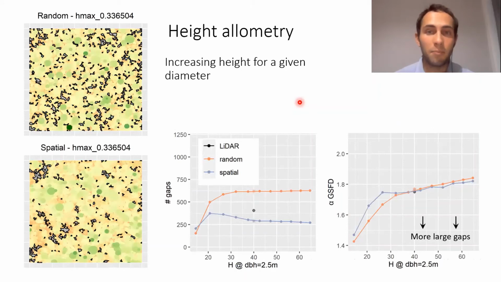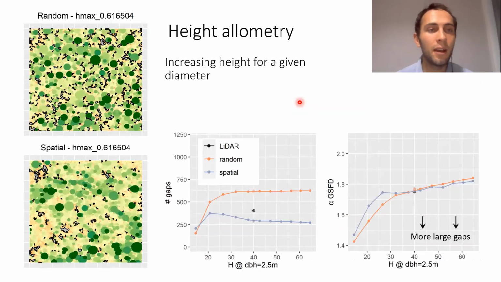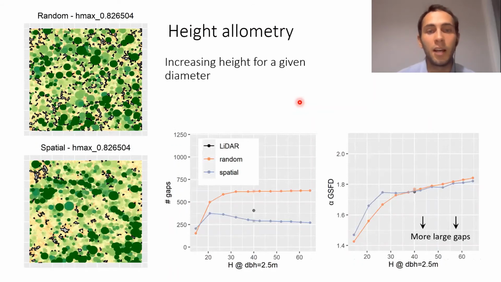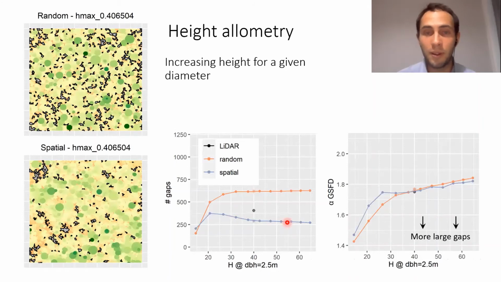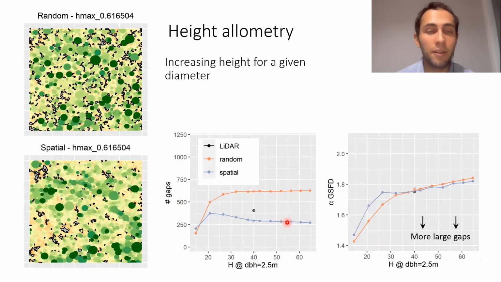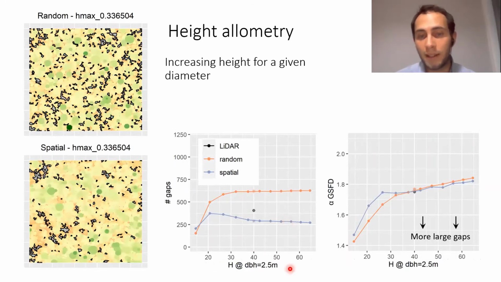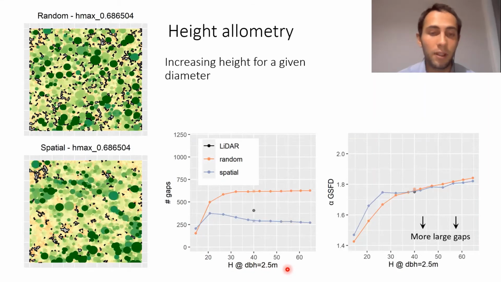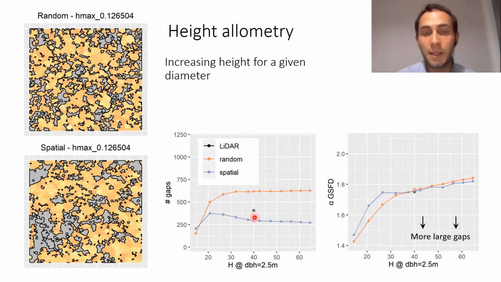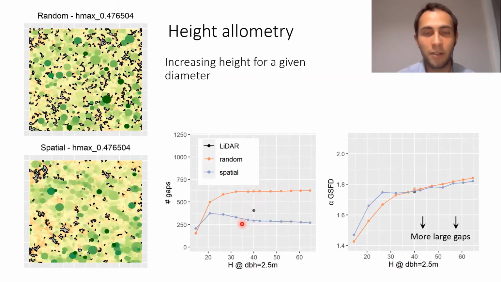The next parameter we looked at was the height allometry. And we found a really interesting pattern here. Essentially, both simulations, the properties of the gaps were insensitive to the height allometry. The x-axis here is the height of the largest tree in the plot. And it is around 40 meters. This is around the baseline in BCI, in Barro Colorado Island.